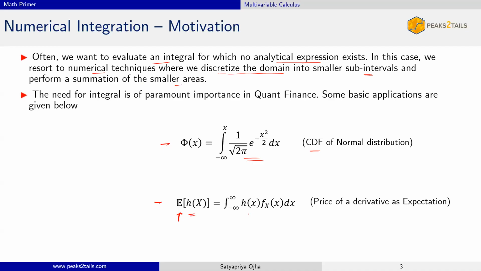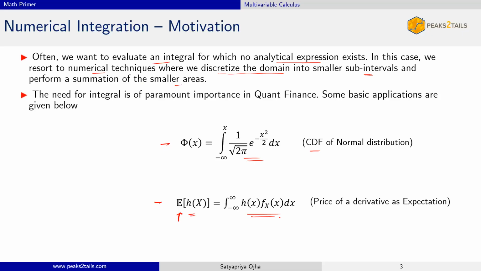So if this expectation, which is an integral, you're not able to calculate analytically, then you have to go to numerical procedures. Okay. So that's where you also use numerical integration. In fact, when we learn about Fourier techniques to price an option, we will require numerical procedures to find the area under a curve, or perform integration.